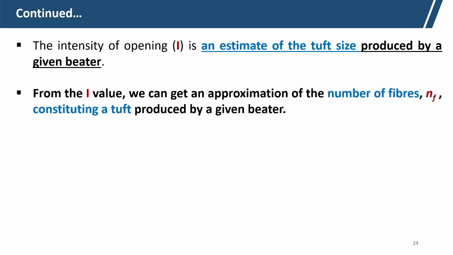From the value of I we can get the approximate number of fibers. I is the amount of fiber per strike, so we can calculate the number of fibers in a particular tuft.